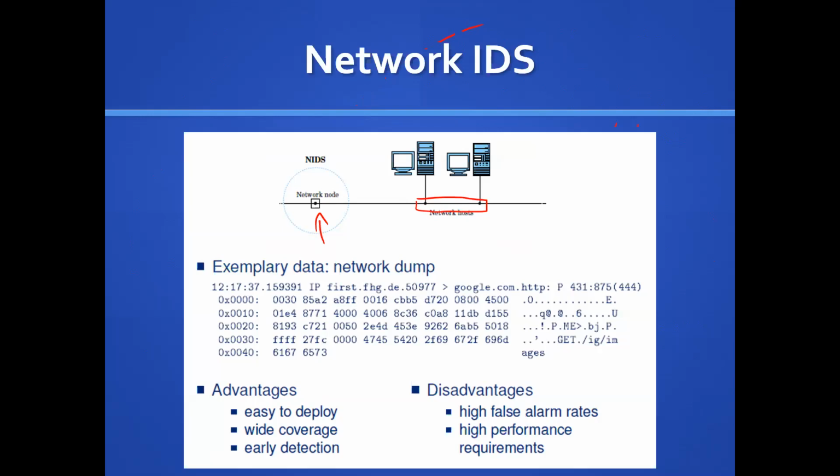So this will have advantages and disadvantages. It's easy to deploy, has a wide coverage, early detection because it potentially detects things before they get to your machines. But it can have a high false alarm rate because it's capturing all traffic, right? All traffic in the network is going through that. So obviously that means a lot of alarms.